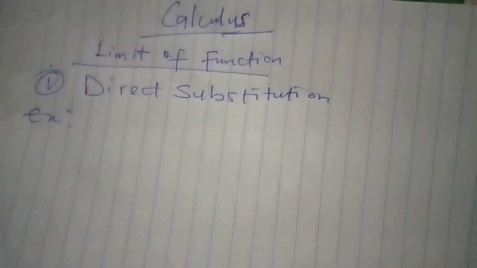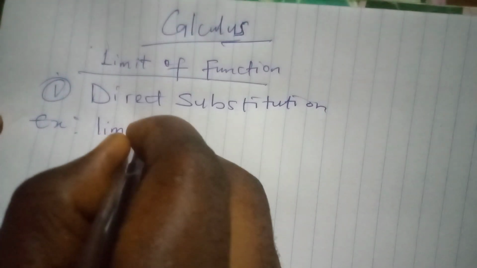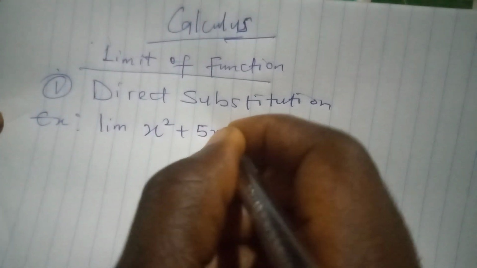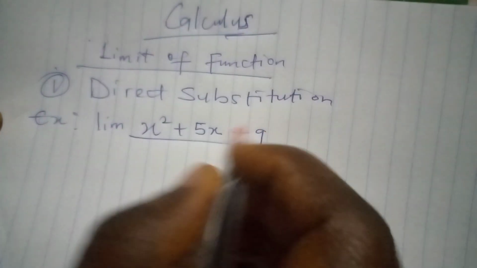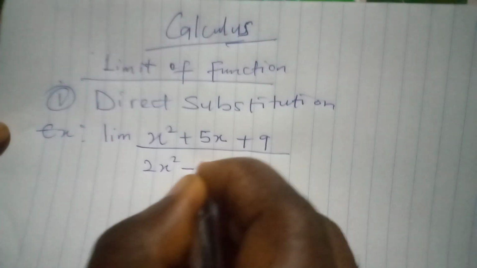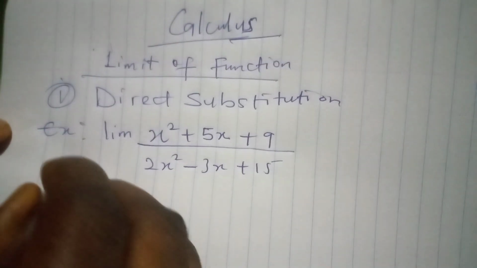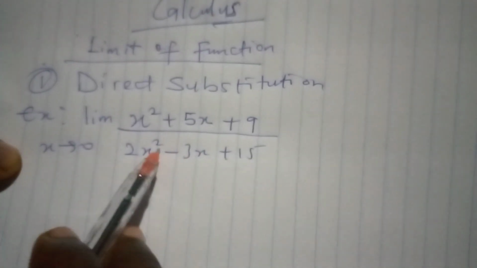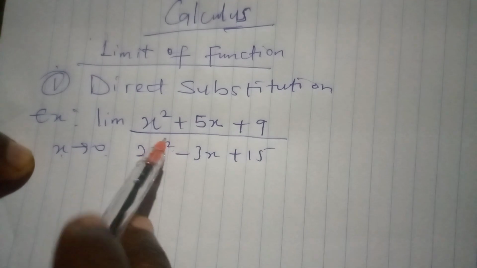If you're having this kind of example, they give us the limit of x squared plus 5x plus 9 all over 2x squared minus 3x plus 15, as x tends to 0. Why do I say direct substitution?